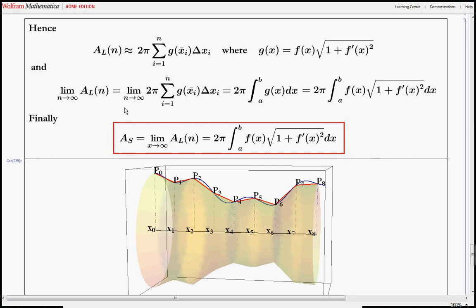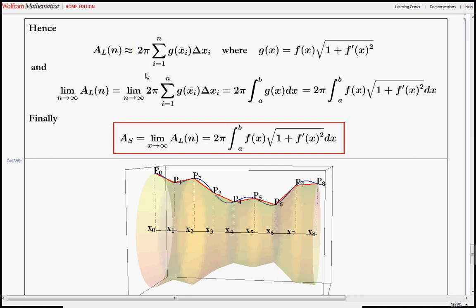So we can say that, one important observation, this approximation becomes equality when n approaches infinity. We can say, therefore, that the limit when n approaches infinity of the areas of the surfaces of revolution of the broken lines L is equal to the limit when n approaches infinity of certain Riemann sums.